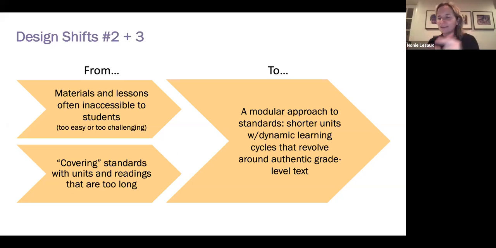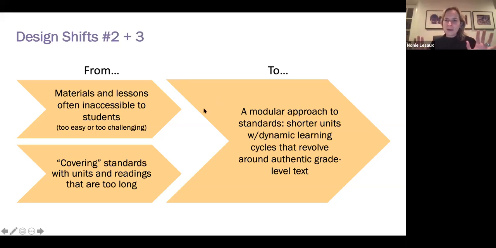We may hit that standard again in the next unit or the next learning cycle, and we keep moving, rather than feeling we must exhaust this moment in time, have them master this material, and we never go back to it. And then we try to do that time and time again, and we are exhausted by trying to cover so much, and we are worried that we are not going deep enough.